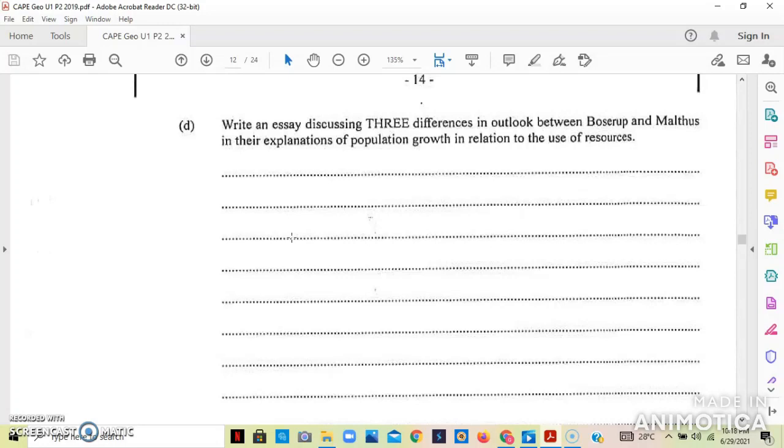Now, Esther Boserup asserts that an increase in the population would lead to increased innovation and invention. Her thing is that necessity is the mother of invention, she suggested. She believed that the higher population would be an incentive to technological development, and technological development is a determinant of demographic change.